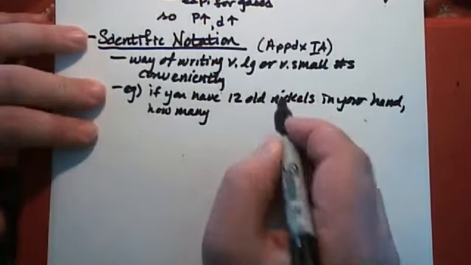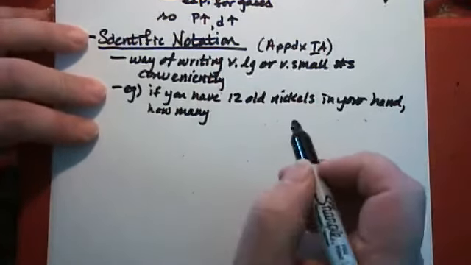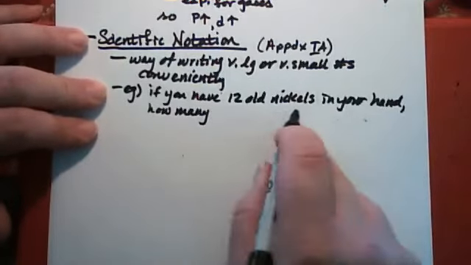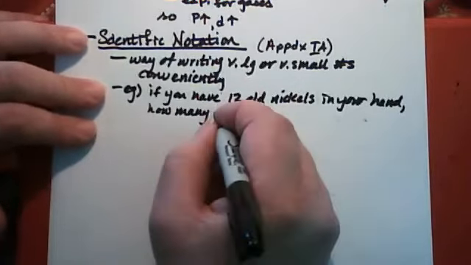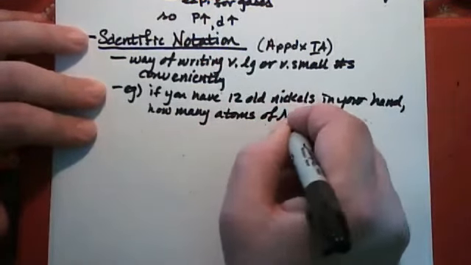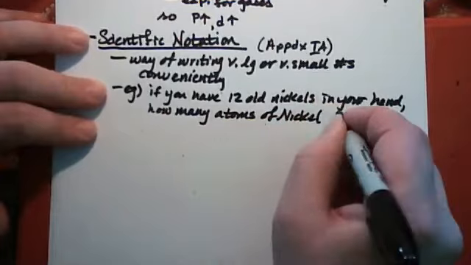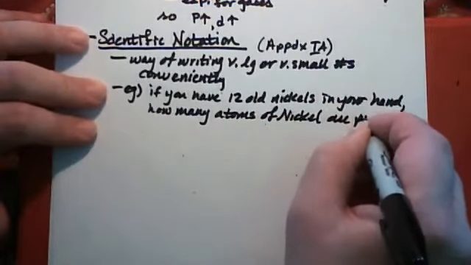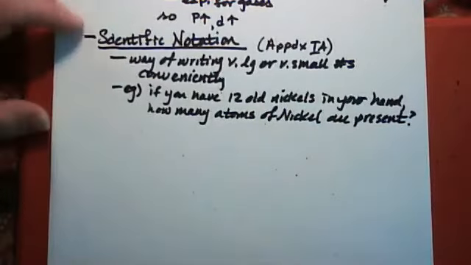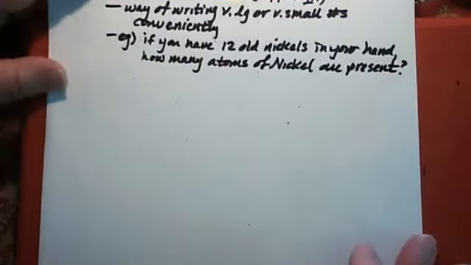Nickels used to be made of actual nickel metal, which is how they got their name. They're not anymore, but they used to be. So assume that you have 12 old nickels in your hand. And so the question we're wondering is how many atoms of nickel are present?